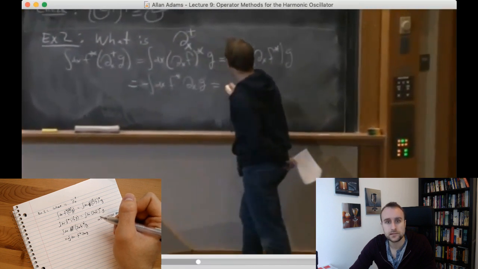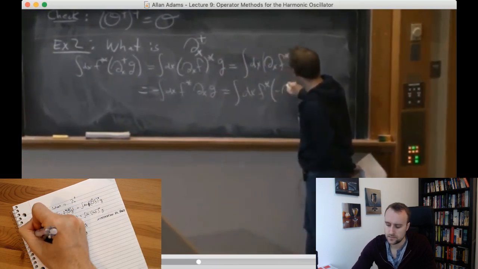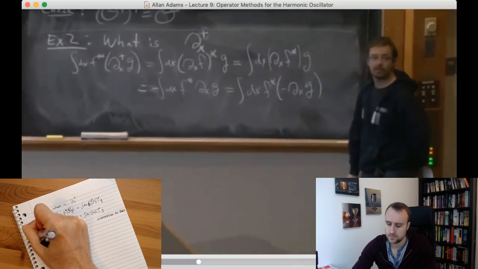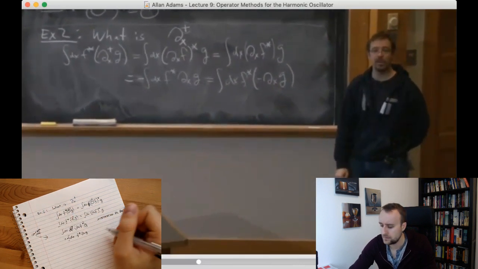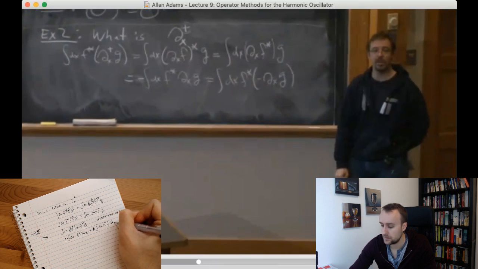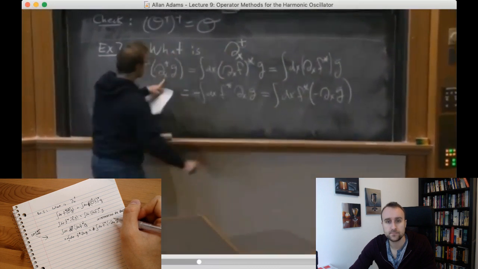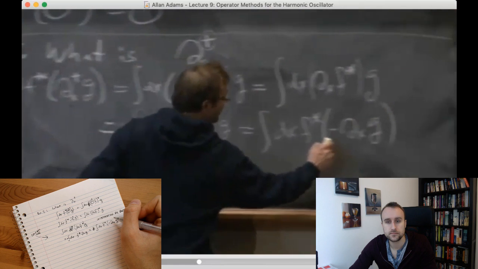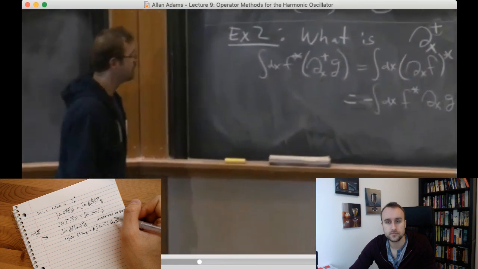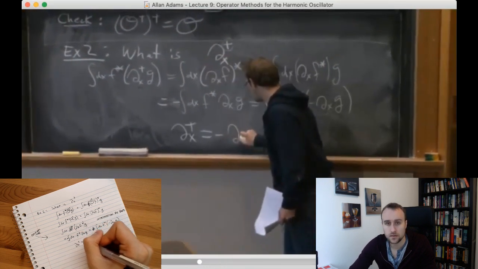And this is equal to the integral of dx f complex conjugate of minus the derivative with respect to x acting on g. Everyone follow that? All right, this is equal to dx f star minus g. But if you look at these equalities, dx adjoint acting on g is the same as minus dx acting on g. So this tells me that the adjoint of dx is equal to minus dx.